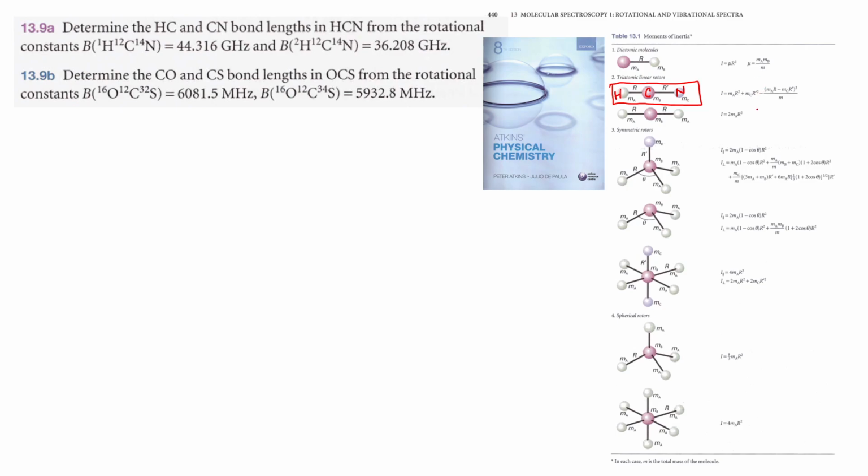Then your moment of inertia, I hope you can see, but if you can't, I will write it. Your moment of inertia will be something like Ma R square plus Mc R dash square minus Ma R minus Mc R dash, whole square, divided by M. So this M is the total mass.